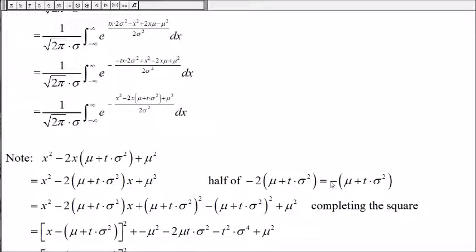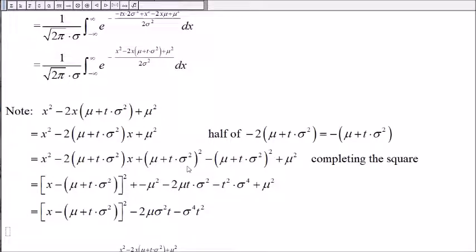And then square this quantity, and this is what we get. And so to this part here, we'll add (mu plus t sigma squared) squared, and then minus the same thing. Adding this minus this is basically adding 0, so we're just completing the square.